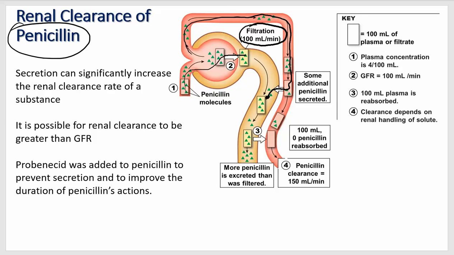So even though our filtration rate right here was 100, because it's being pulled in over here by secretion, our clearance is actually 150 milliliters per minute. Our clearance is very, very high with penicillin.